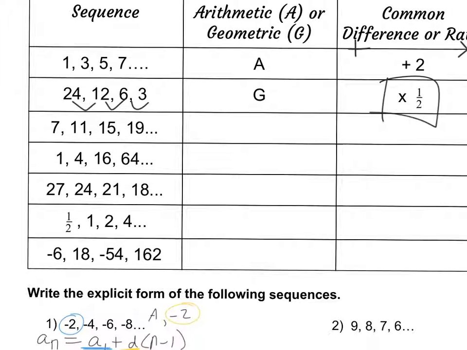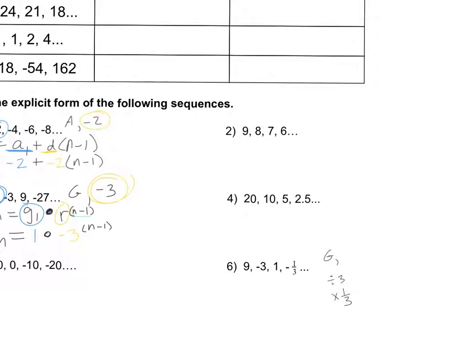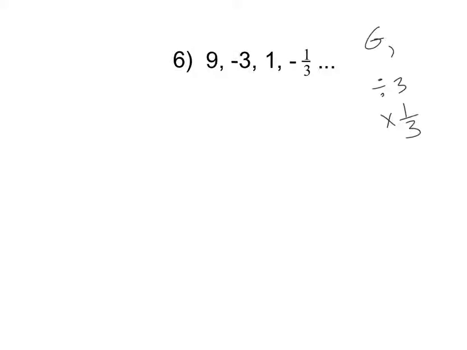Because to turn it into a smaller number by division, you multiply by a fraction. So for this one, number 6, your common ratio is 1/3. It's not just a 1/3, it's a negative 1/3 because that sign keeps flipping, right? From positive to negative, back to positive again.